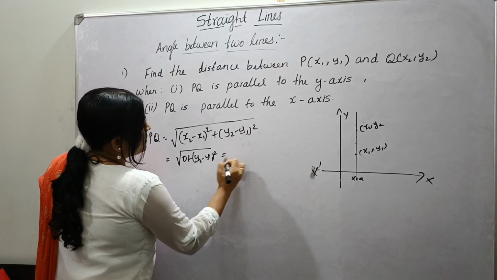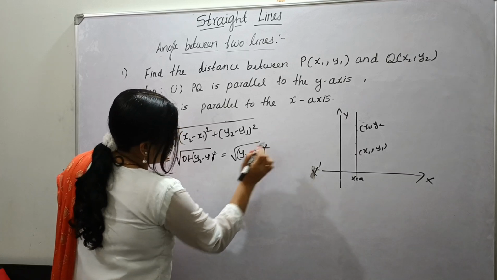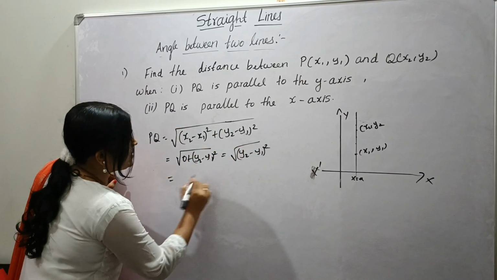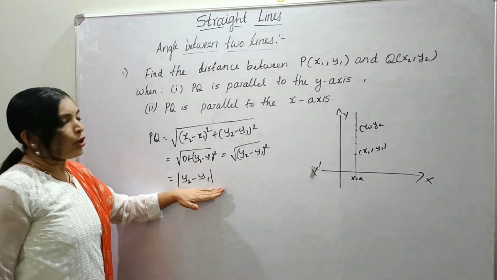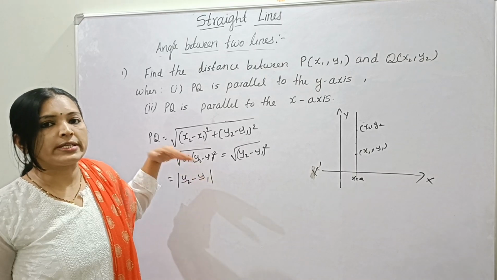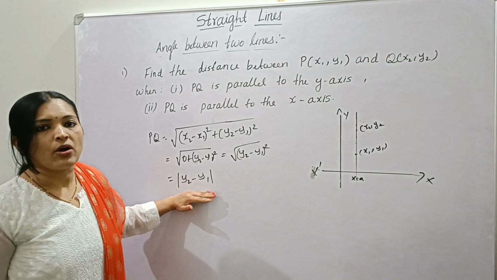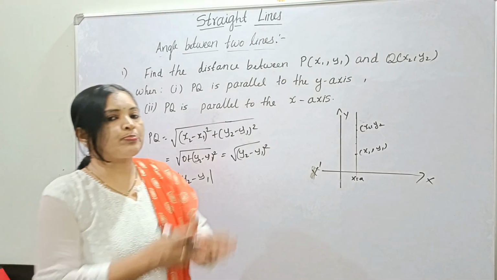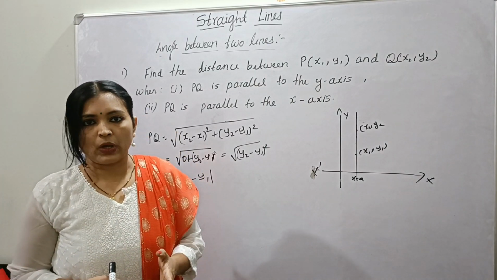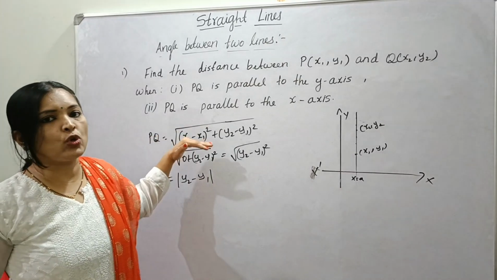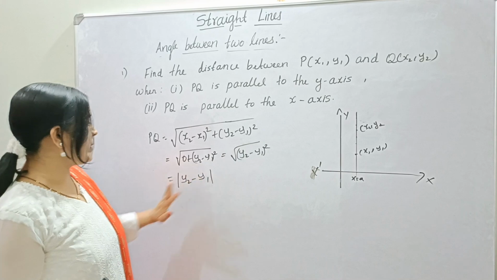We write the modulus, because the distance is always positive. So PQ is equal to modulus of y2 minus y1, because if it is parallel to the y-axis, all the x coordinate values are the same. Therefore x2 minus x1 will be 0, and the square root of (y2 minus y1) whole square will be y2 minus y1.